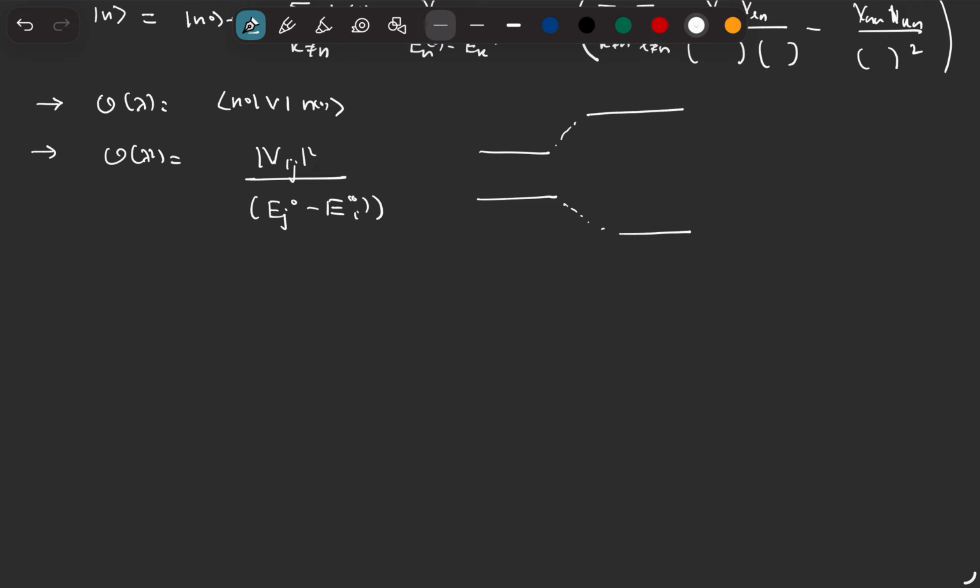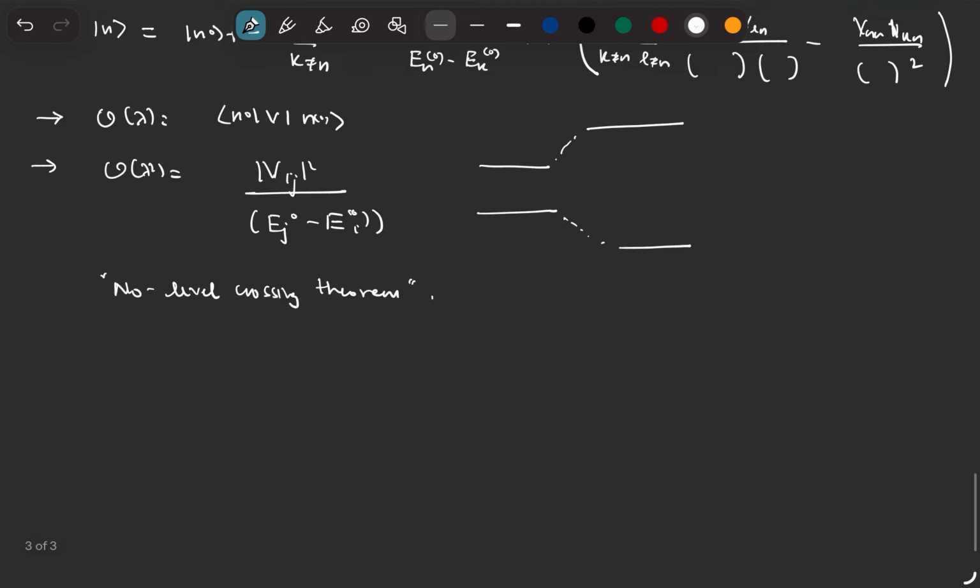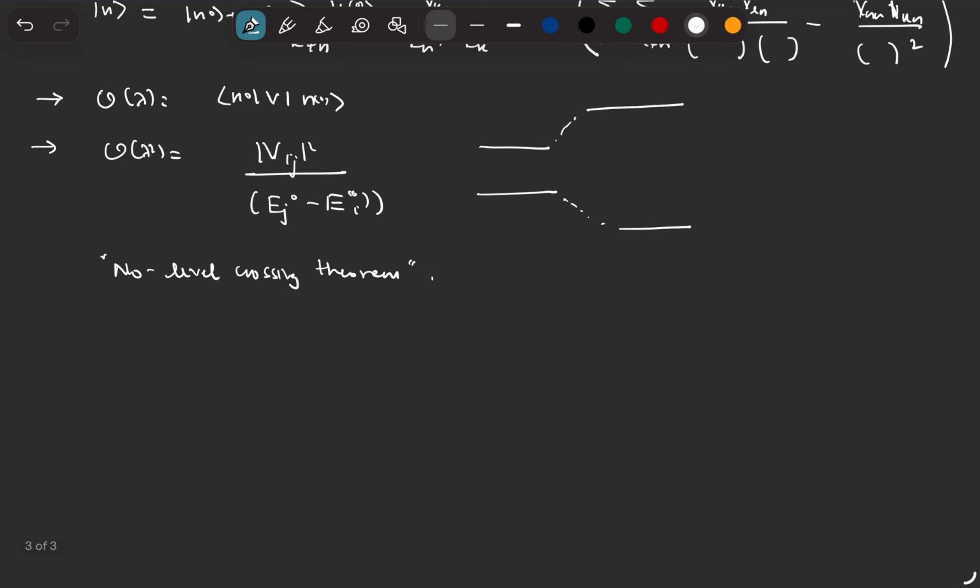So this is called the no level crossing theorem, which essentially says that even if you add a perturbation to your Hamiltonian, at higher order perturbation, the pair of energy levels never cross each other.